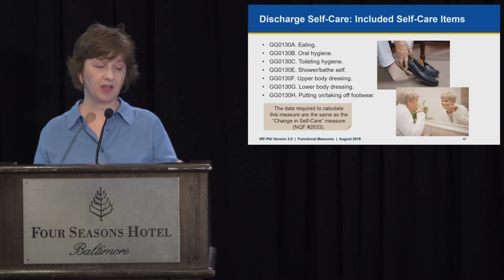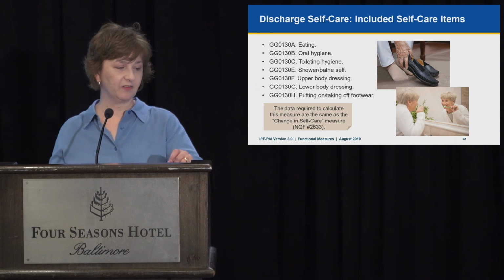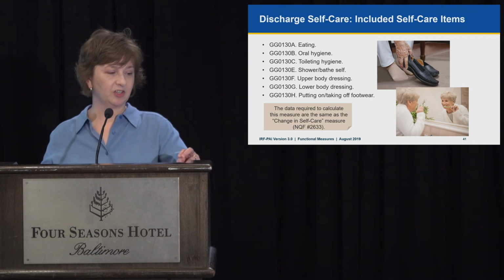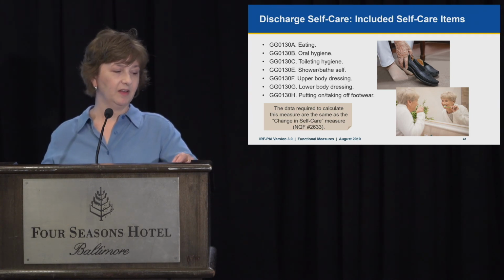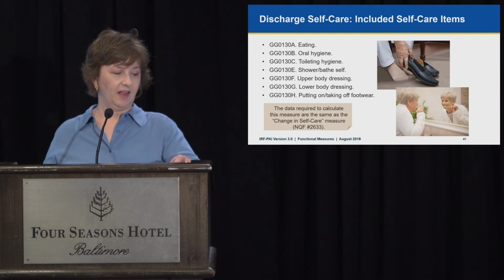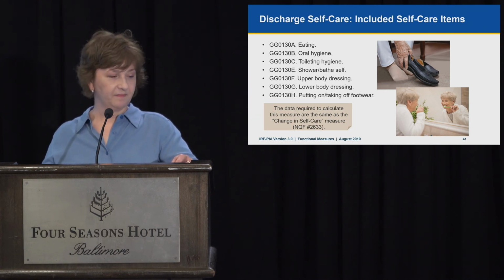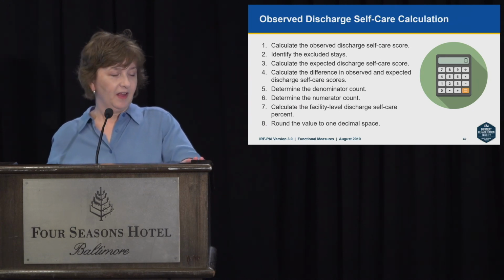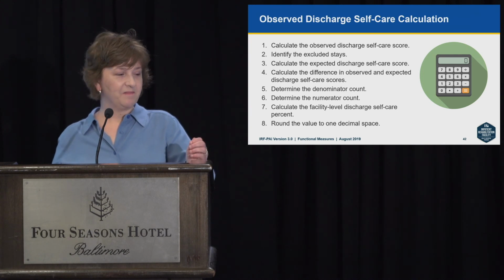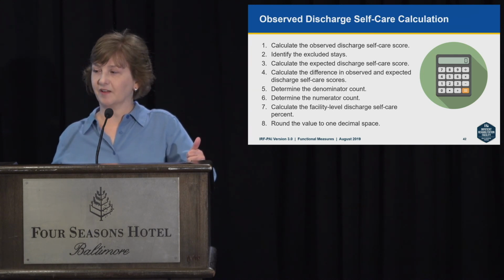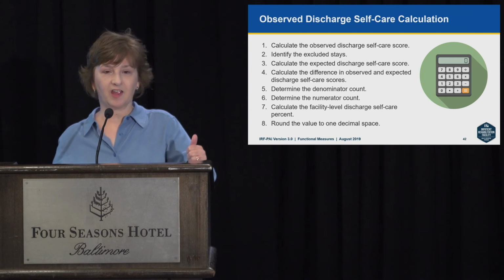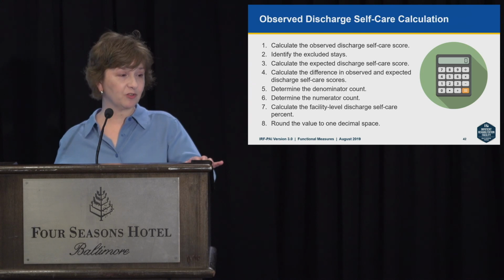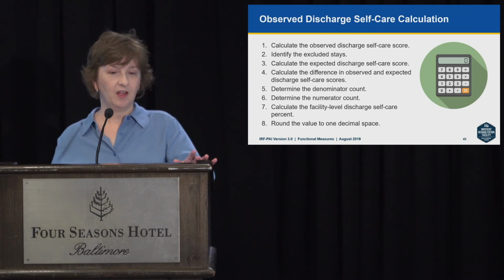For the self-care measure, all 7 self-care activities are included: eating, oral hygiene, toileting hygiene, shower/bathe self, upper body dressing, lower body dressing, and putting on/taking off footwear. For this calculation, we'll walk through it. First, there is a calculation of the discharge self-care score after the recoding, similar to the change measures we talked about, the first 2 measures.